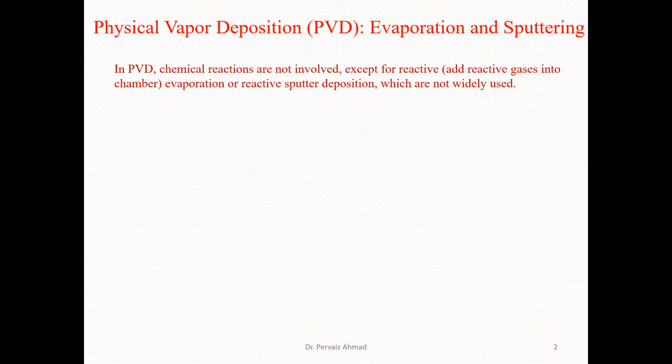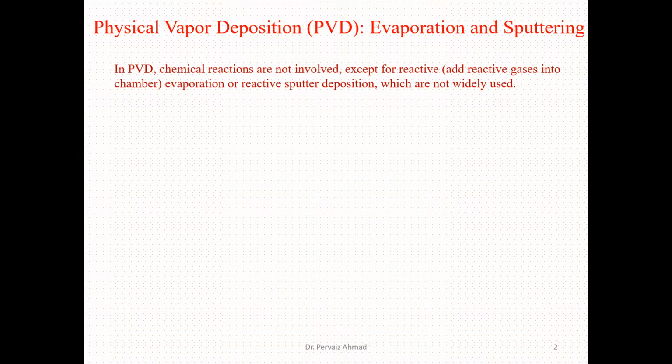The first we call chemical vapor deposition, in which a chemical reaction is involved for the deposition of thin film. The second main technique does not involve chemical reactions, and we call that physical vapor deposition. So evaporation is basically one of the types of physical vapor deposition techniques.